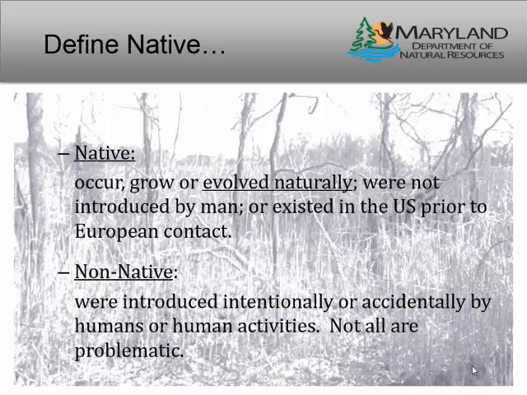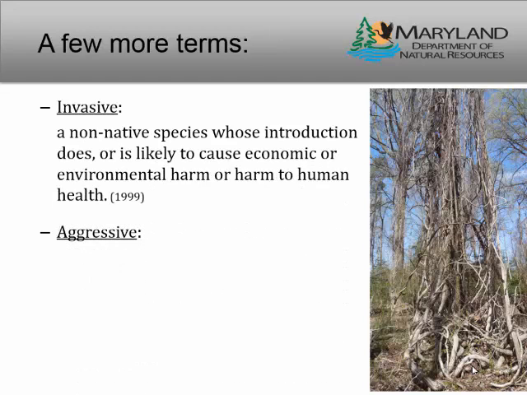Non-native is then the opposite, anything that was brought in either intentionally or accidentally to an area, to a region, and not all of them are problematic. A lot of our agricultural species are not native, but they're not taking over the areas surrounding them, so we don't worry about them. When we get to invasive, we are talking about non-native species whose introduction is causing a problem. Generally, it's also harming us economically, environmentally, or even potentially harming human health.